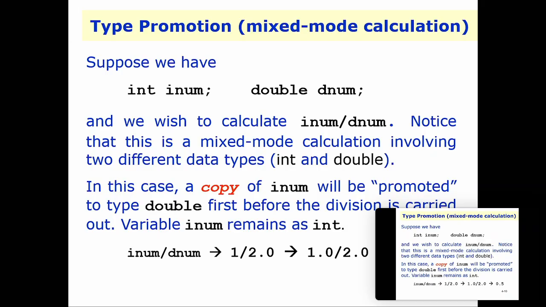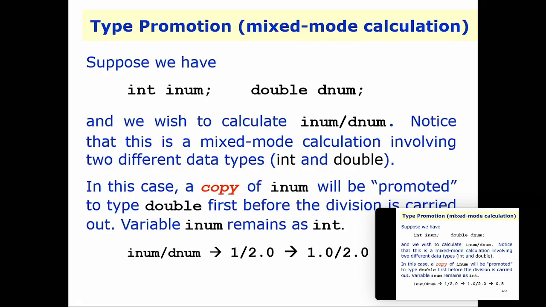But since this is integer divided by integer, you can only store the integer value. So the decimal place will be dropped. So if you have 5 divided by 2, then the actual outcome will be 2, not 2.5, when you have integer divided by integer.